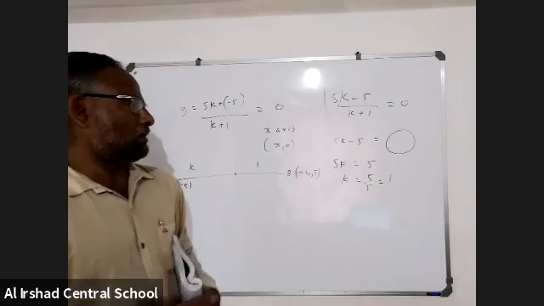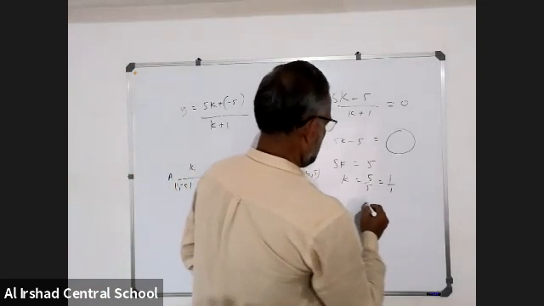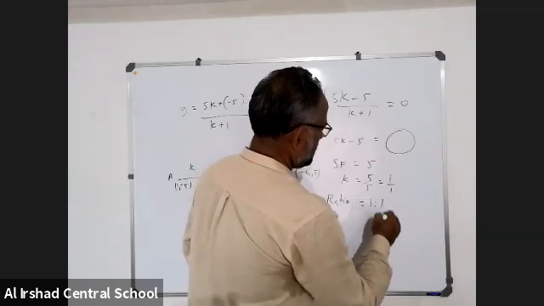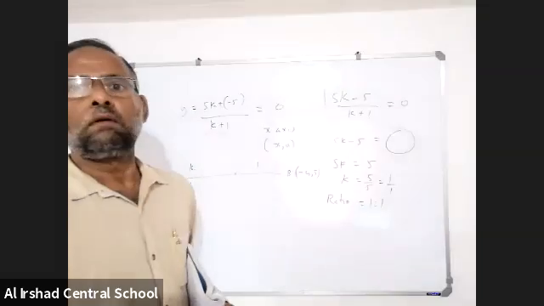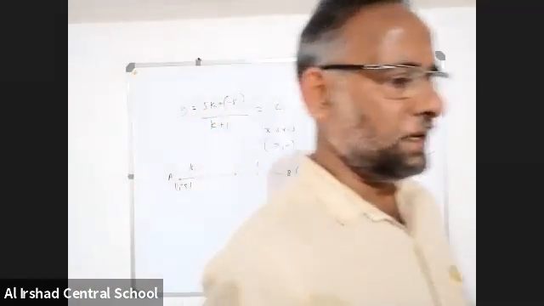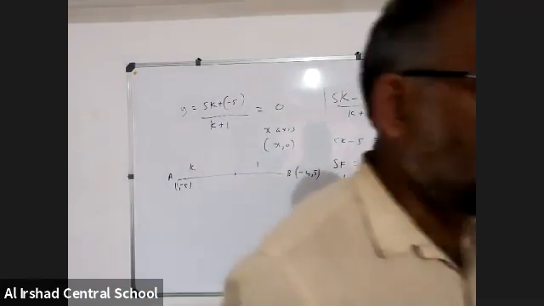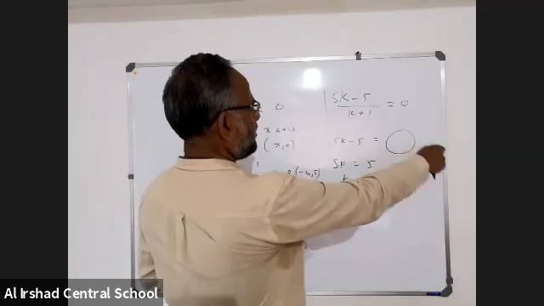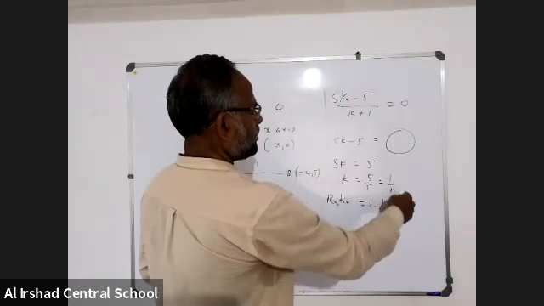That is, the ratio is equal to 1 is to 1. Not minus 1, 1 is to 1 exactly. Therefore it divides exactly in the ratio 1 is to 1. When taking this minus 5 to the other side, it will become plus 5. K is equal to 1.